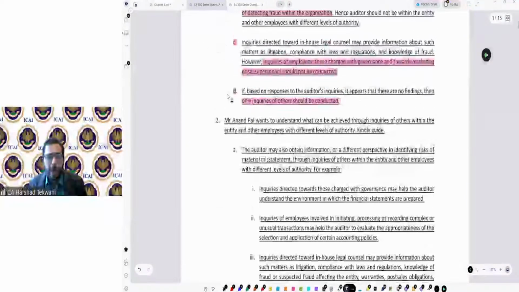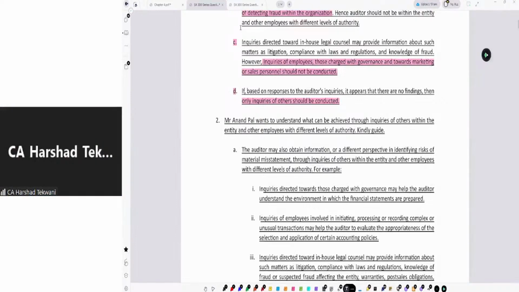So this is how some inquiries can help you obtain information. Are you clear with the answer, guys? Are you clear? Are you clear with the answer?